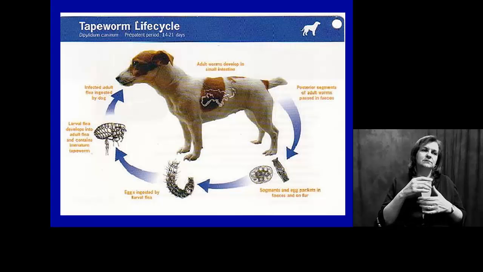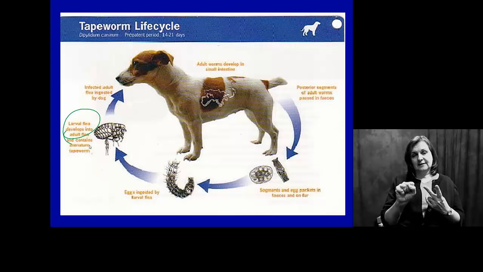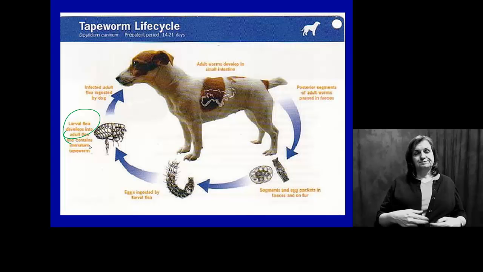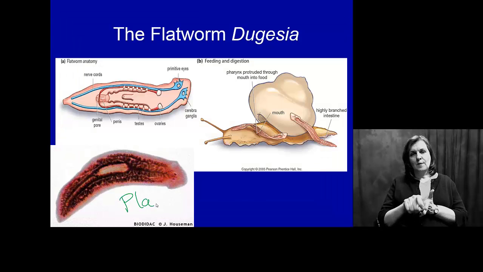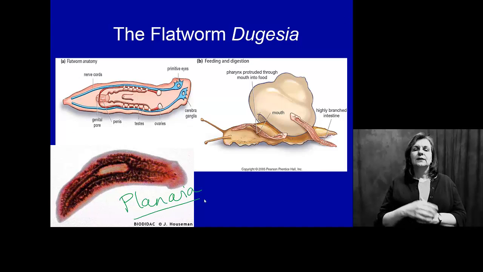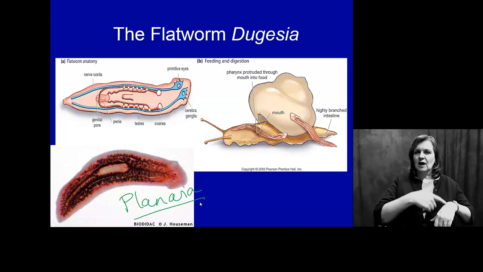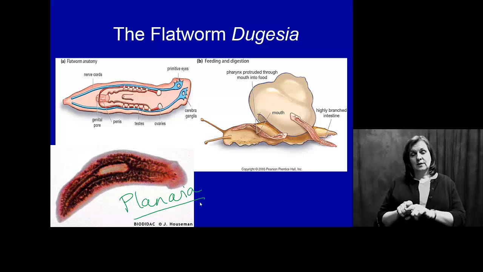Now, of course, many dogs have a raw diet, but normally we look at fleas as being the intermediate for the tapeworm life cycle in dogs, otherwise acting exactly the same way as pigs and humans. The flatworm, or the Planaria that we mentioned, this is a specific one, actually feeds on dead things most of the time, but is not beyond feeding on something that is still alive.